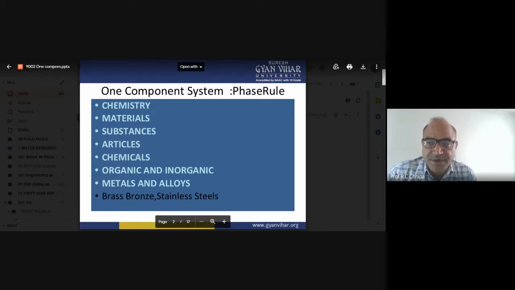In the case of brass, the metals present are zinc and copper.